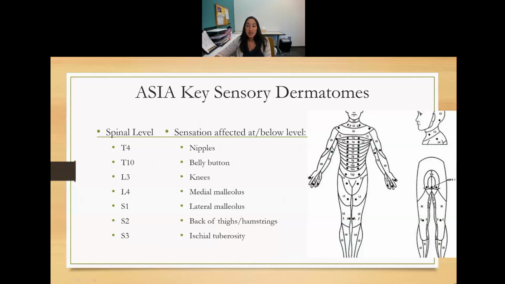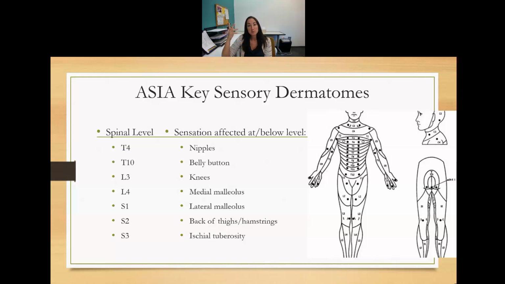So remember the dermatomes are areas that are fed, the sensation goes to that area of the spinal cord. So if you're talking about whatever area you're talking about, let's say you're inside your elbow and it's T1, then the sensation from that area of your arm goes to T1 area of your spinal cord before it travels up.